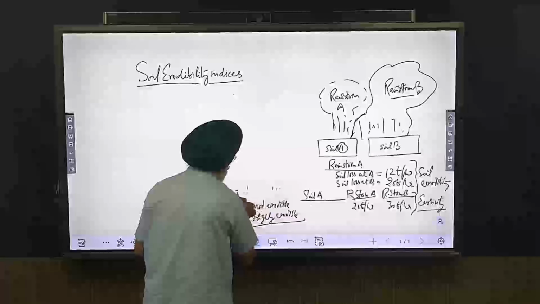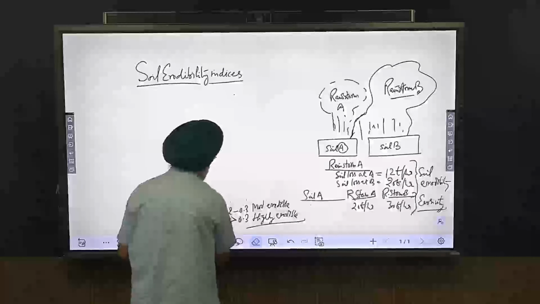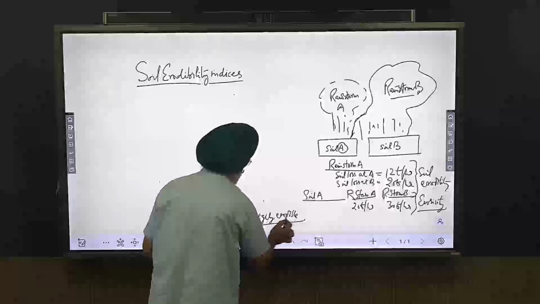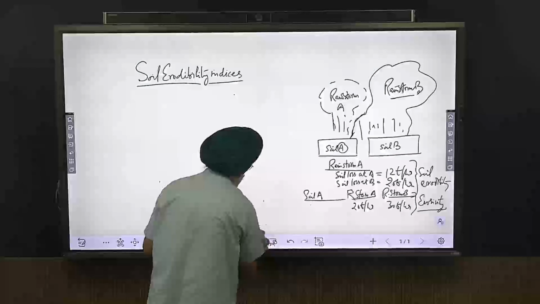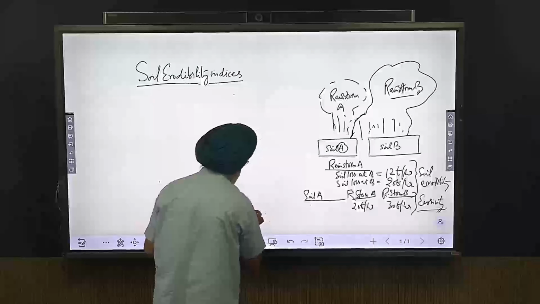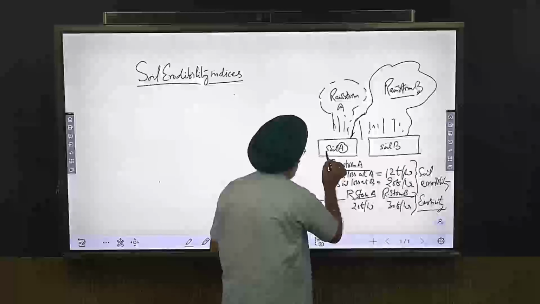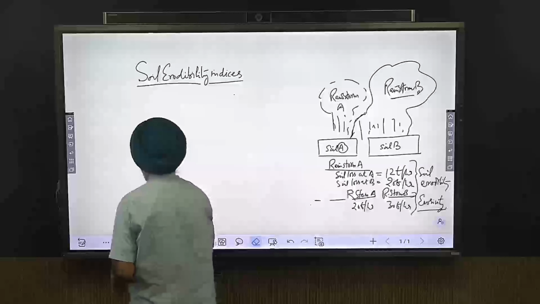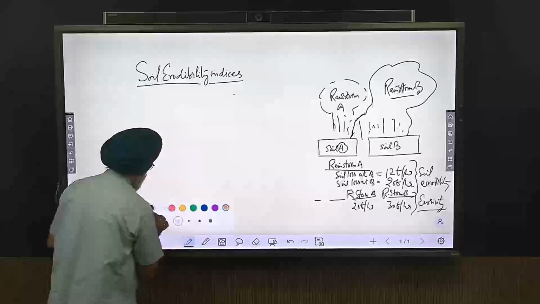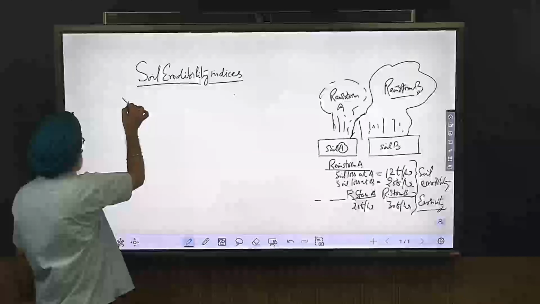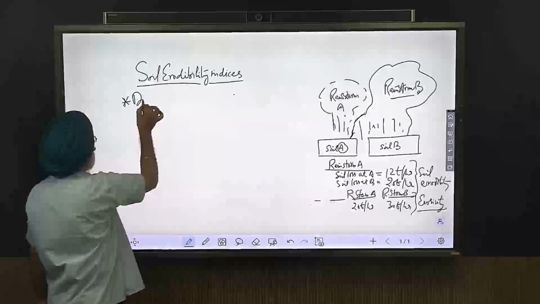It is the most tedious process, that is why we avoid actual measurement of soil erosion. So, based on soil properties, we then define erodibility.